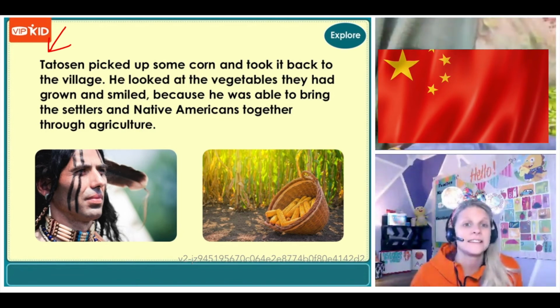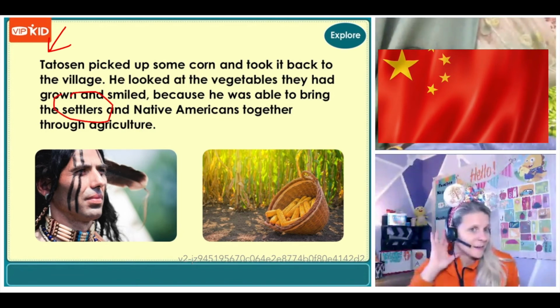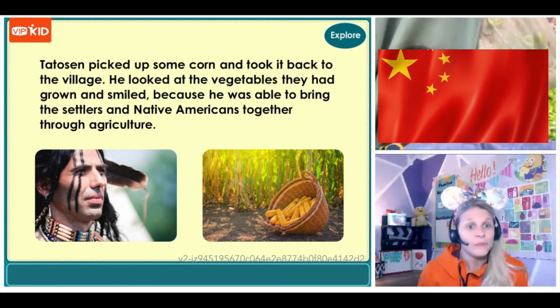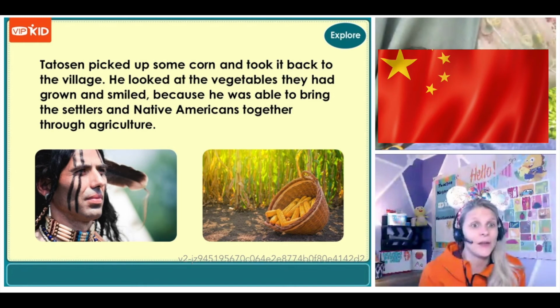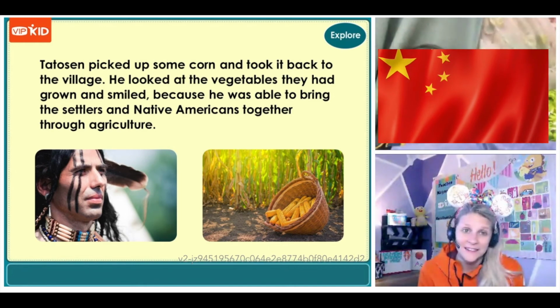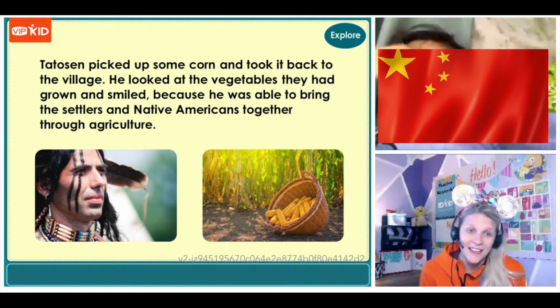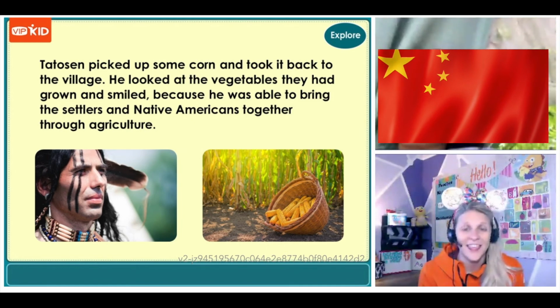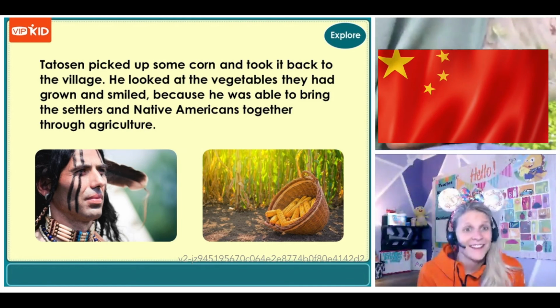Good. Settlers. Good. Okay. What did Hudson smile at? Hudson smiled as he was able to bring the settlers and Native Americans scattered through agriculture.